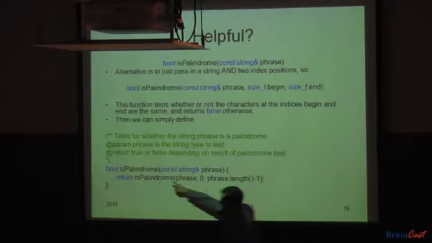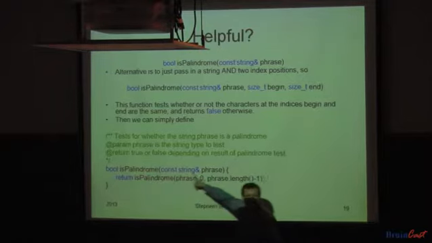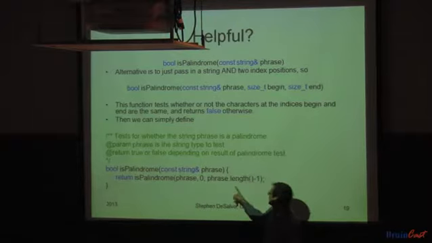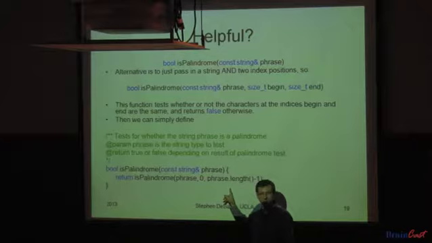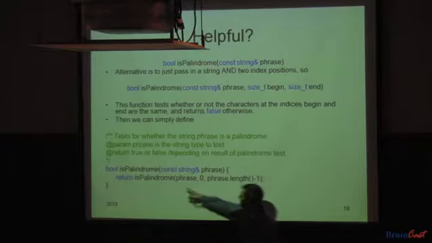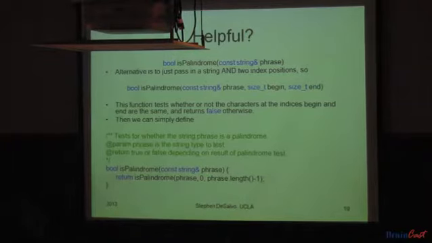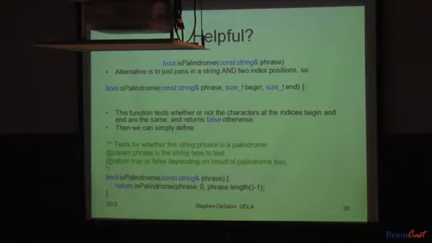And all isPalindrome does is start the chain by calling the function with the starting index and the last index. And then the 3-parameter version actually does the work of checking if the two characters match, and then calling itself, not the general isPalindrome function, but it calls itself again.